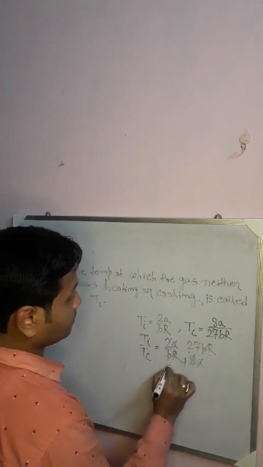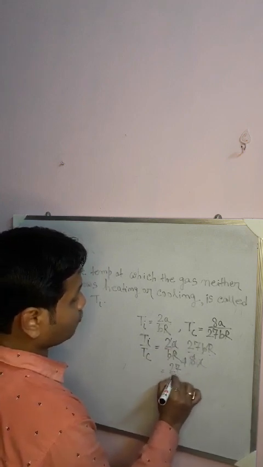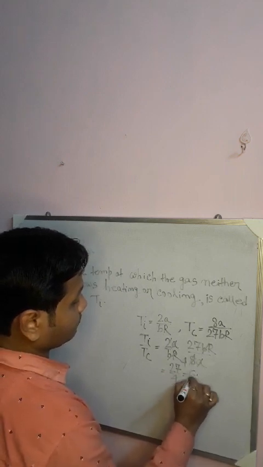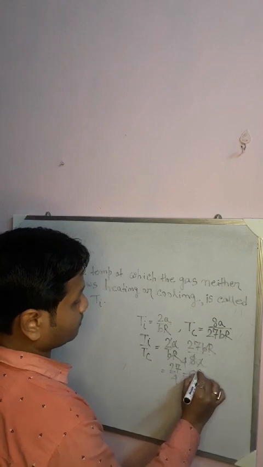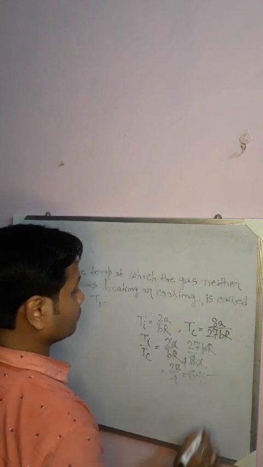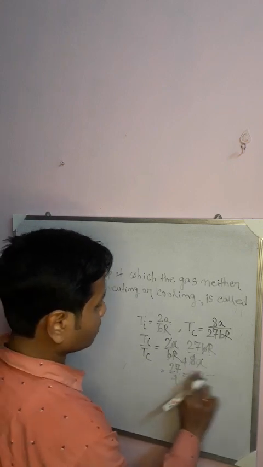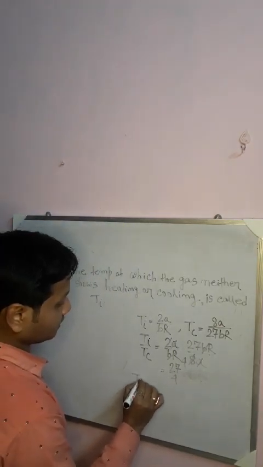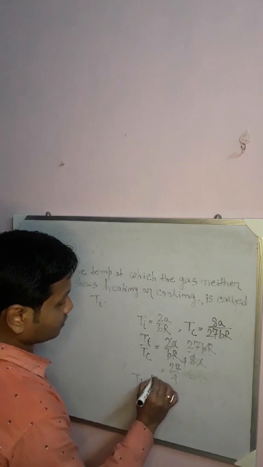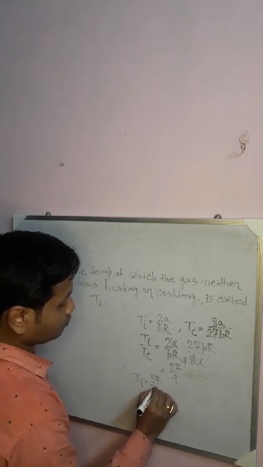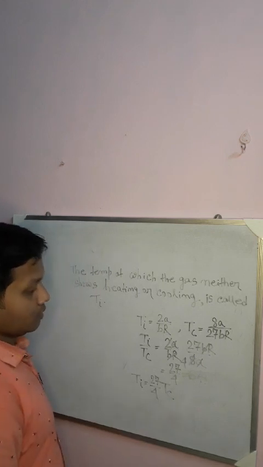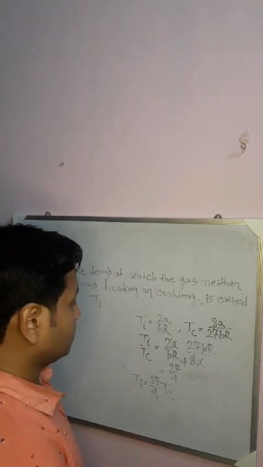So that means 27 by 4, that means 6.75, or you can say 27 by 4, no problem. So this is the relation: inversion temperature is 27 by 4 into critical temperature.